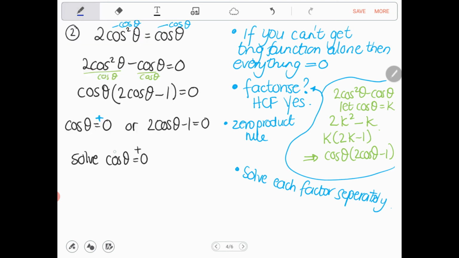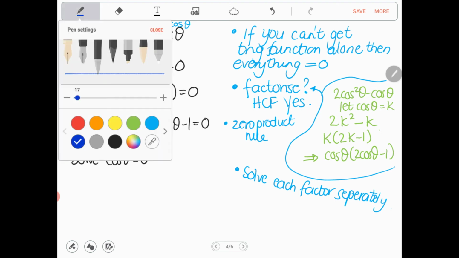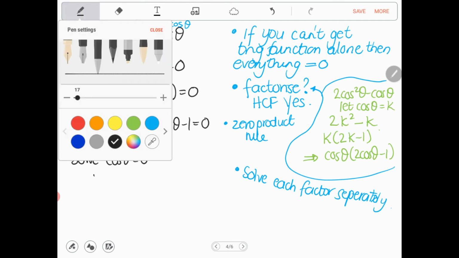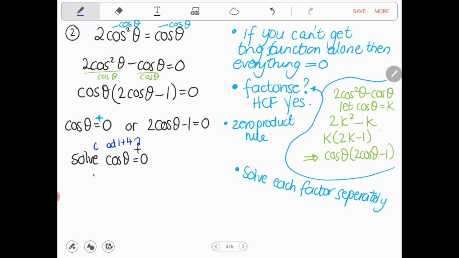It's positive in quadrant 1 and 4. And then we find our reference angle. Theta is equal to arc cos 0.